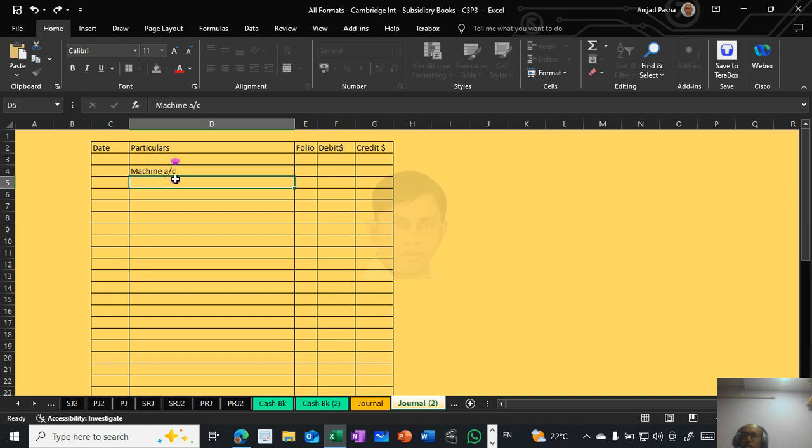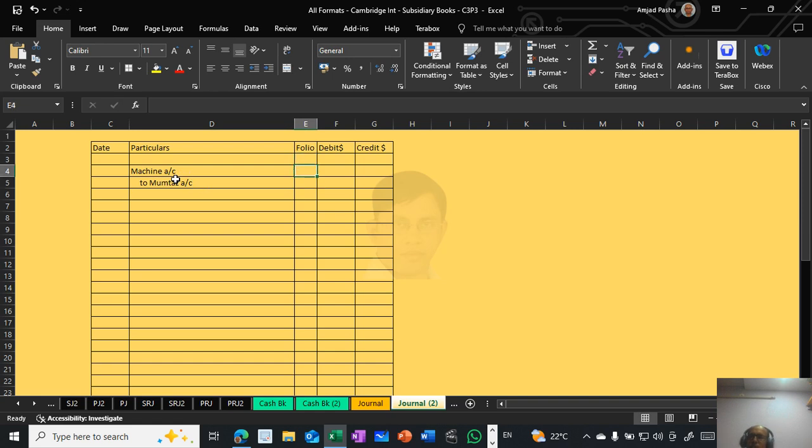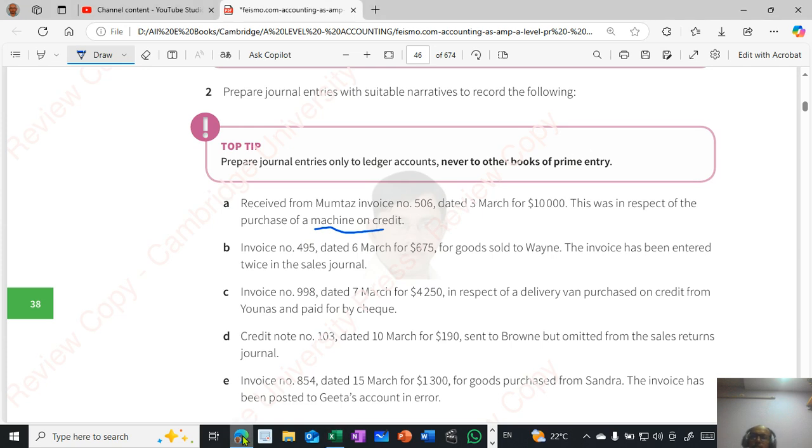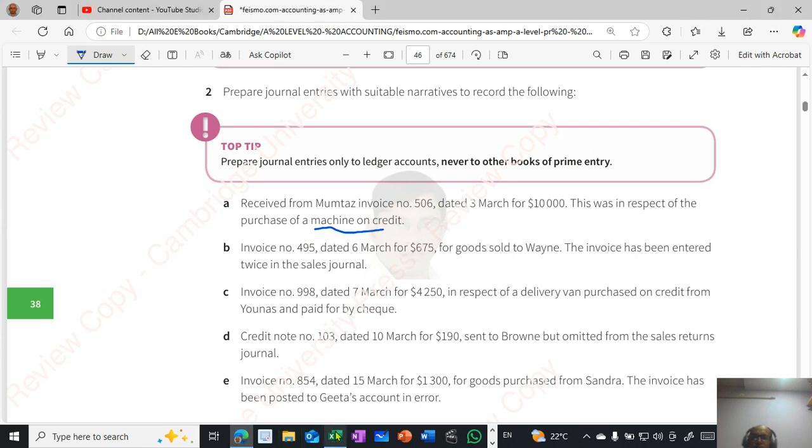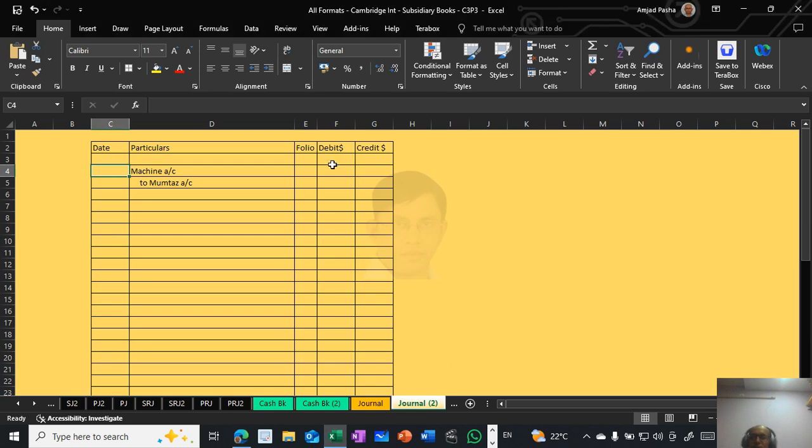The date is not mentioned. Invoice number 506, purchase of machine on credit. The amount is 10,000.